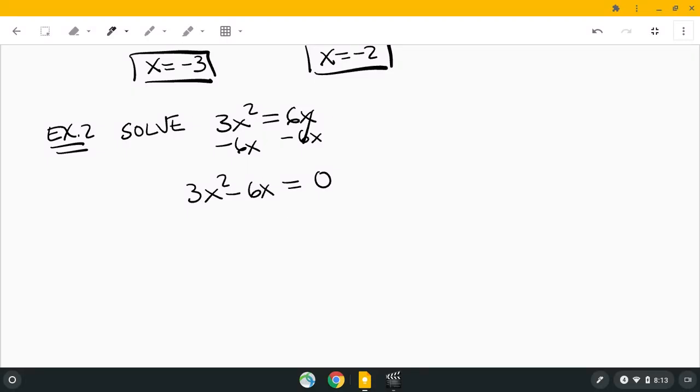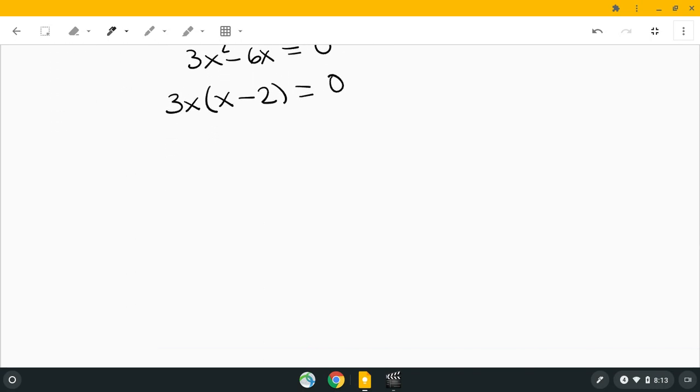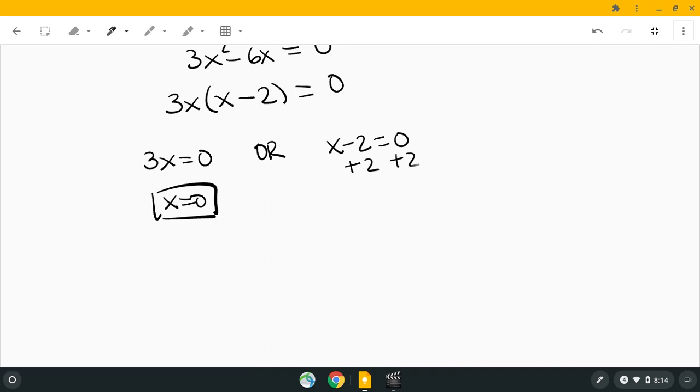This one is common factoring. They both have 3x in common. And I get x minus 2. All right, so take each factor, set it equal to 0, and solve. Or x minus 2 equals 0, solve. So x equals 2.